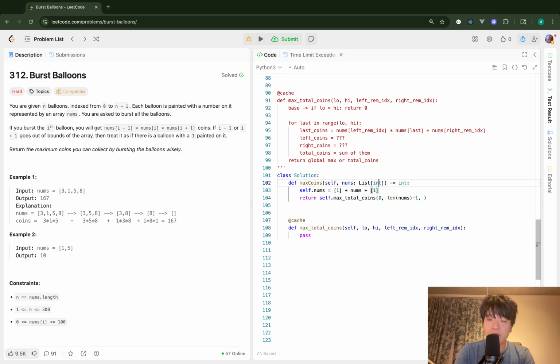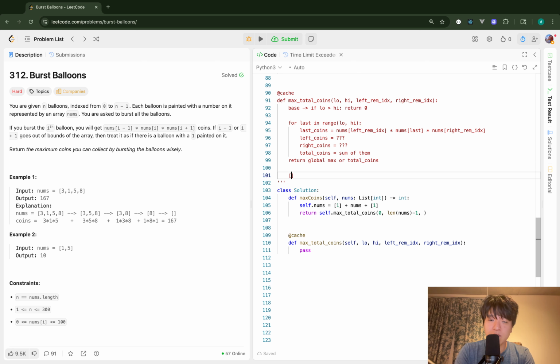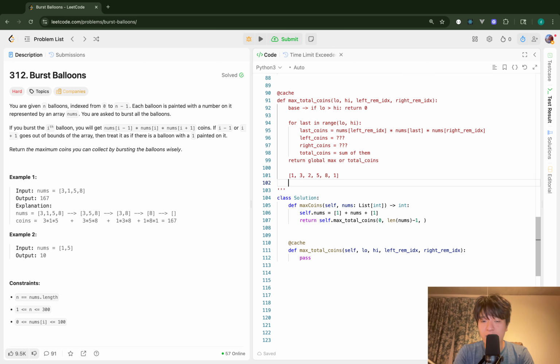And now the given array looks like this. But what I'm interested in is this range; the 1 and 1 are not balloons. I just put them as the left remaining index or right remaining index. So the range would be 1 to length nums minus 2, and 0 and length of self.nums. Sorry, self.nums.